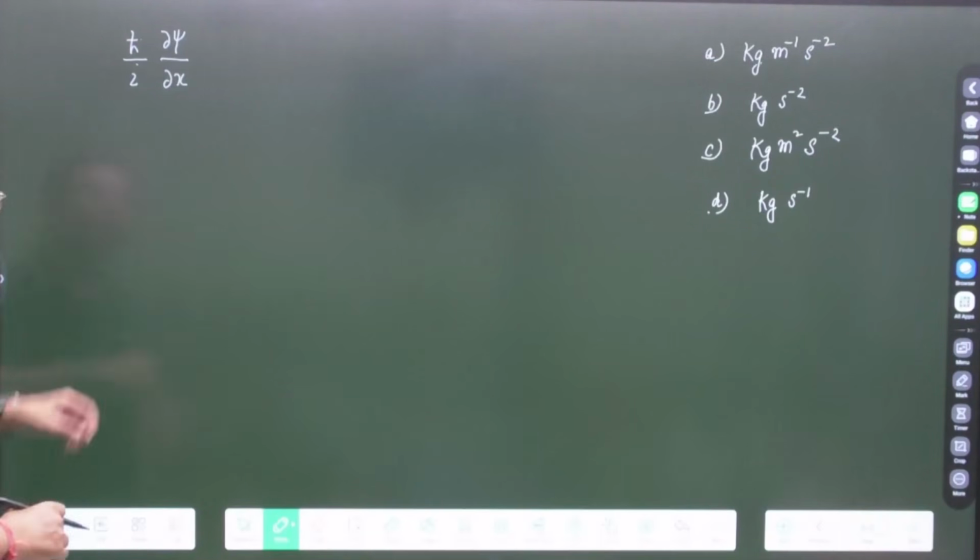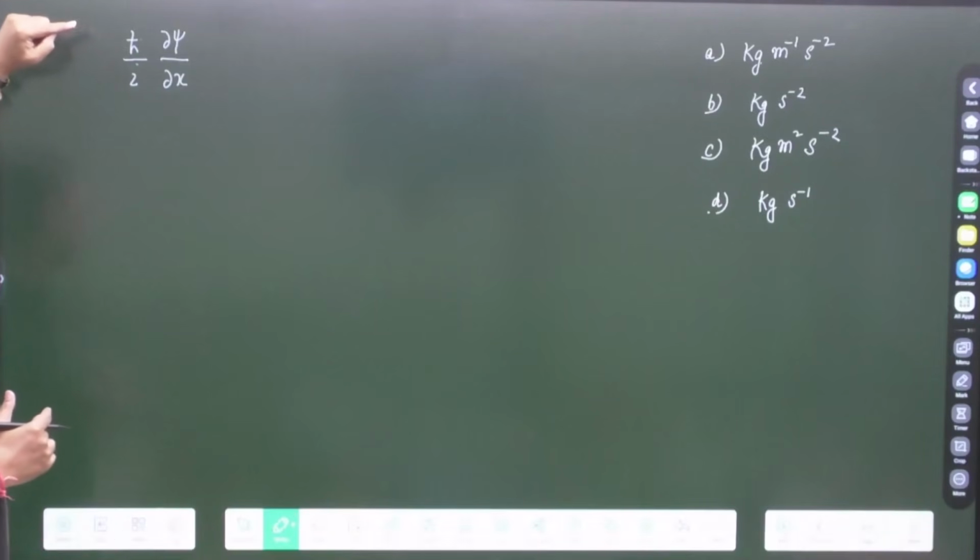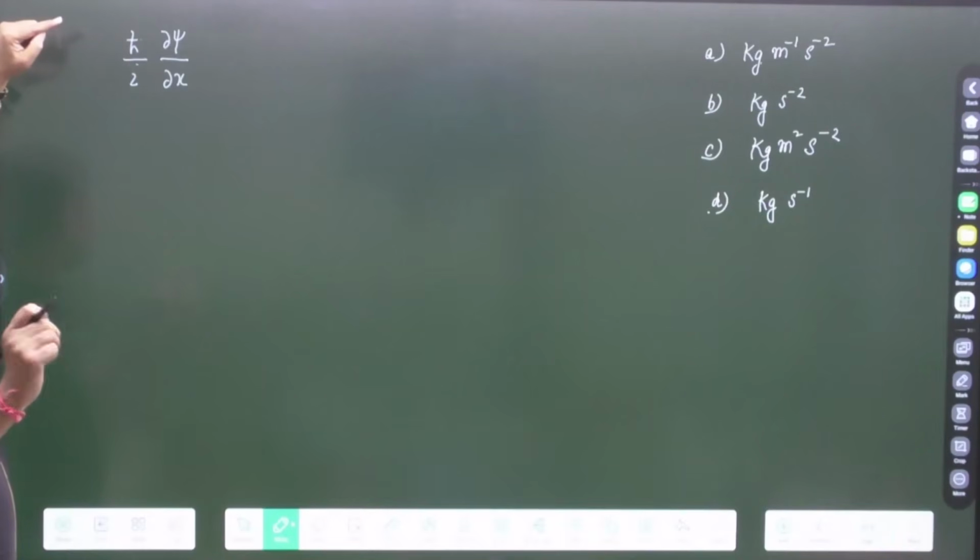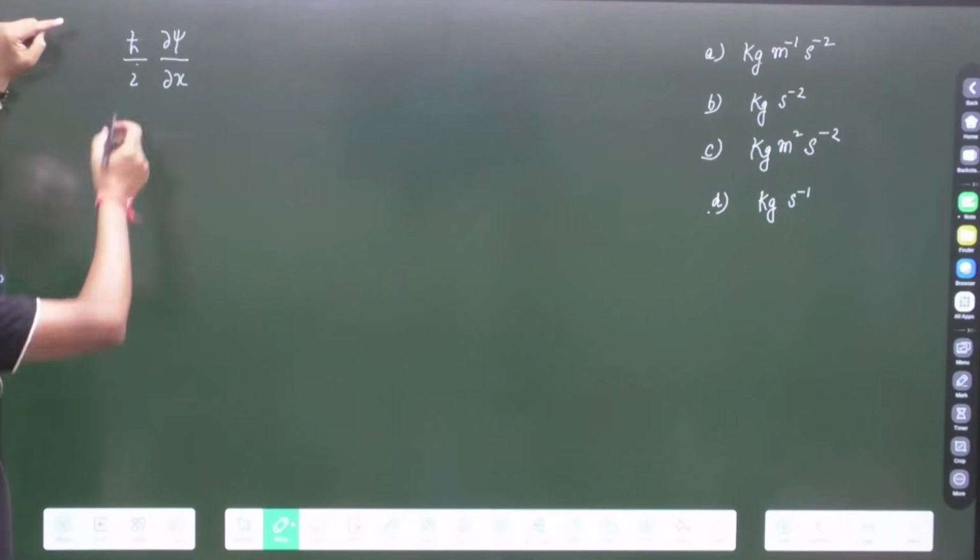ओके, ये कितना है? h cross का यूनिट क्या होता है? E इक्वल टू h cross omega. Omega is per second, so joule second. सो इसका यूनिट कितना होगा?